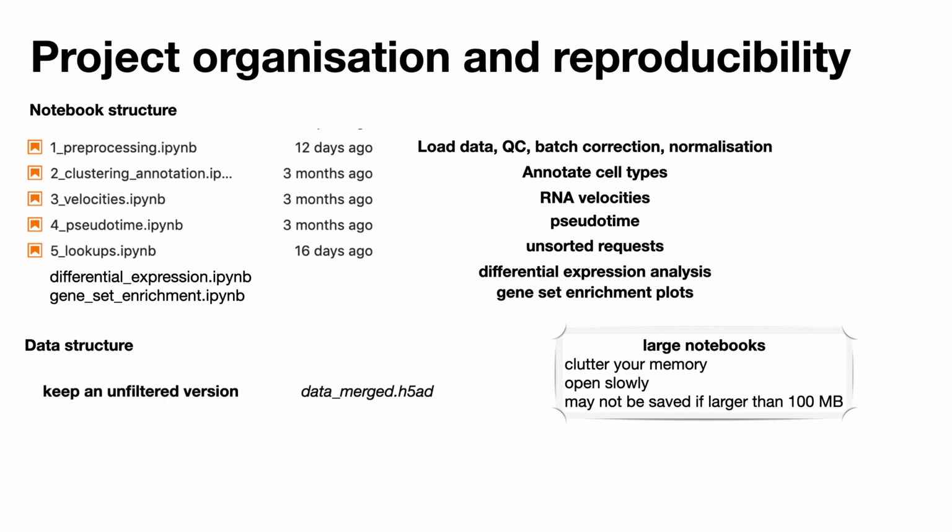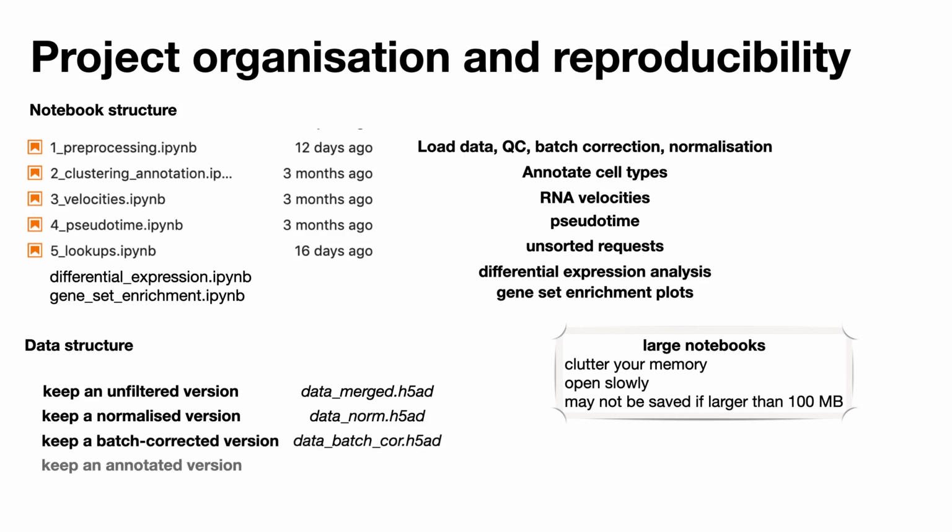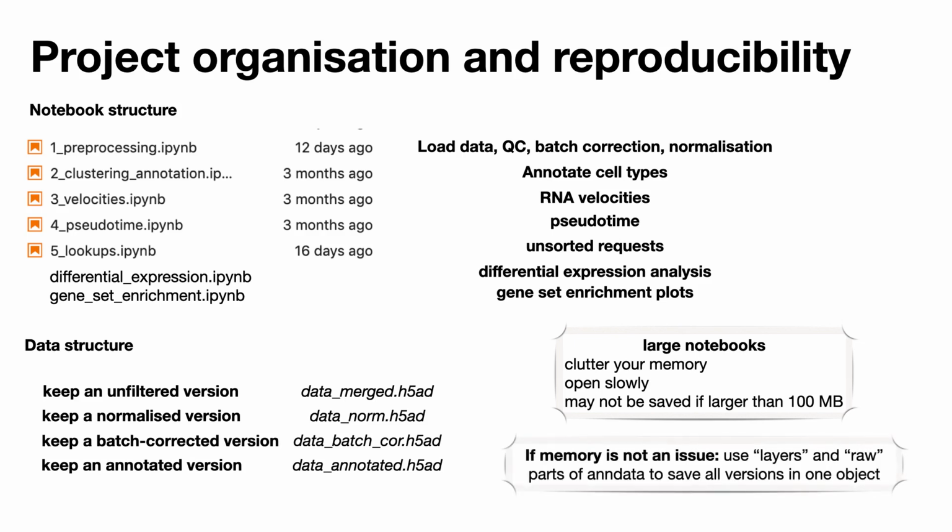From the data structure, I suggest that you have several versions of your data object. So for example, you can keep an unfiltered version, that's where you have merged all your samples. You could keep a normalized version, a batch corrected version, and an annotated version. The last three, normalized, batch corrected, annotated, you can also save in one object using the different layers.